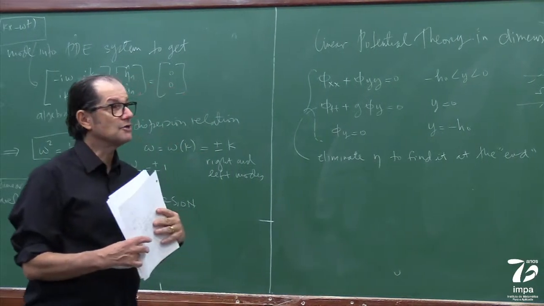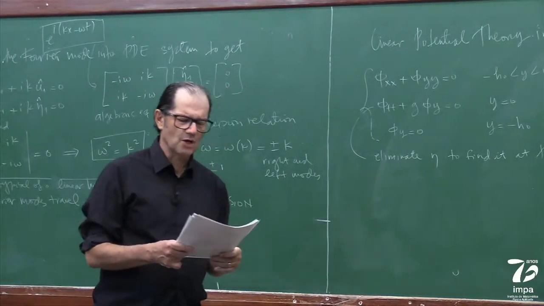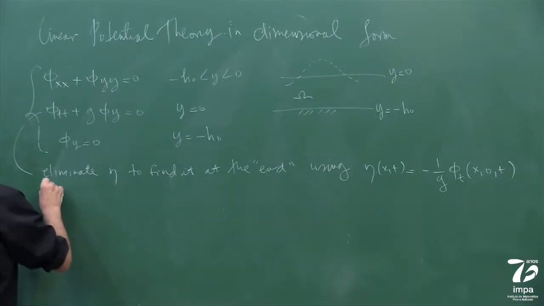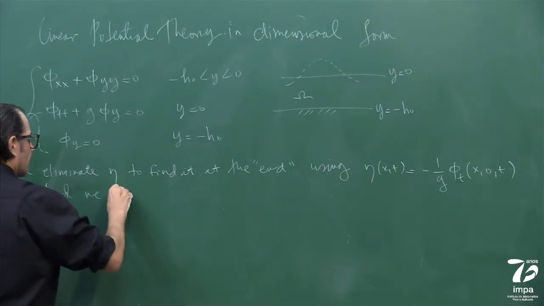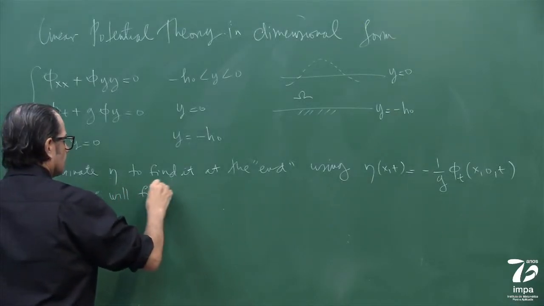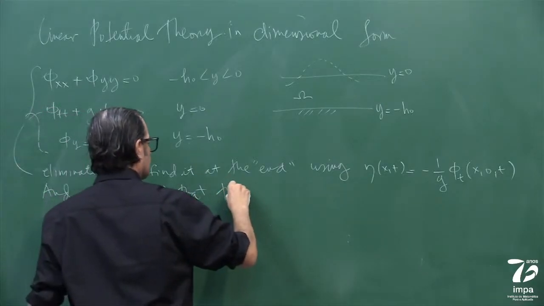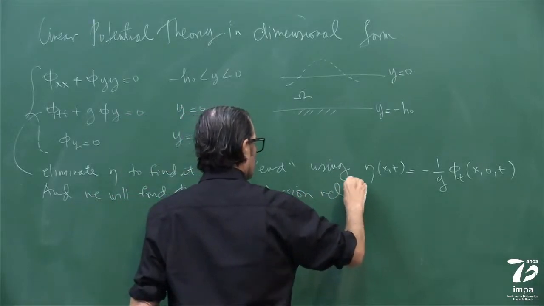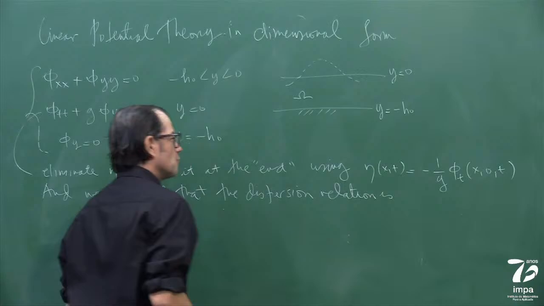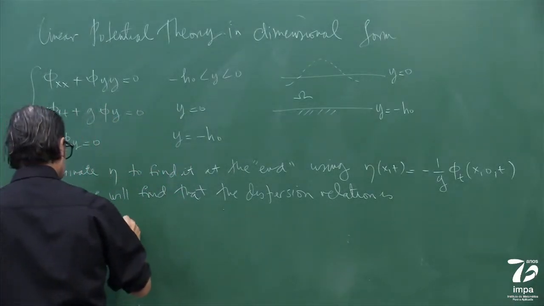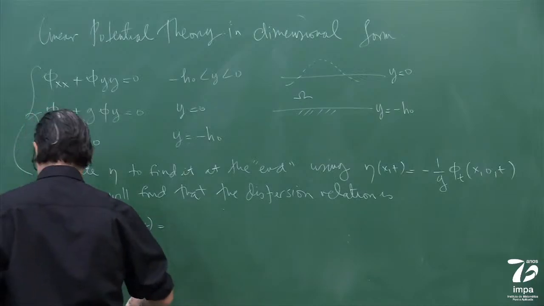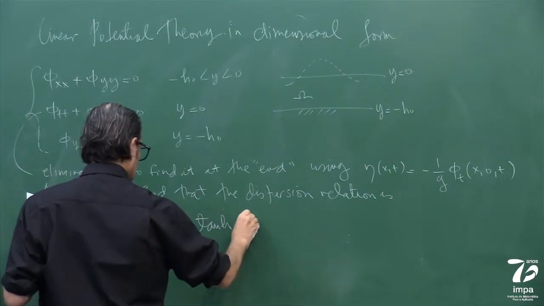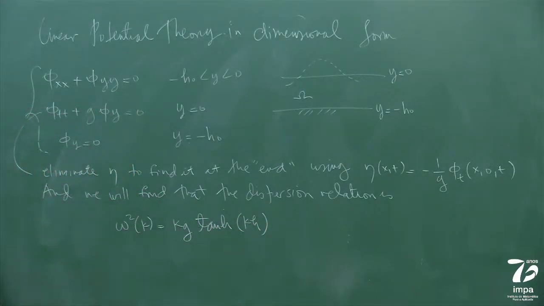So let me write the dispersion relation. I don't have time, and I don't want to rush. I'm going to do a similar Fourier analysis of this, and we will find that the dispersion relation for this problem is this.